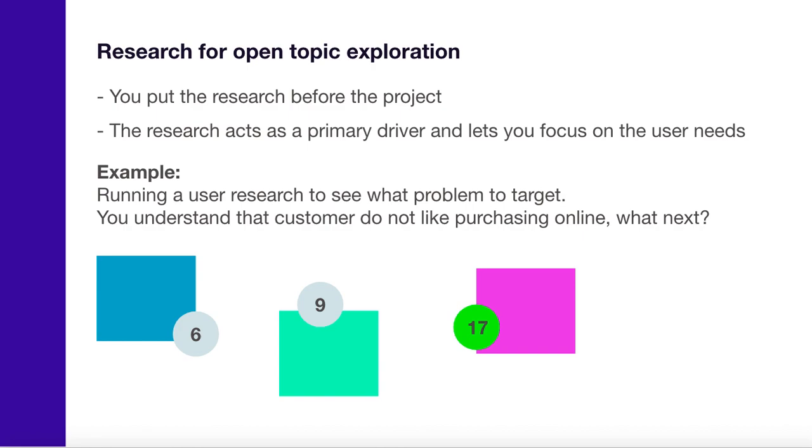For example, here you might get responses as to why people don't like purchasing online. Maybe one is that the user experience is not good. The second might be that people are just not interested in the products that your website is offering. Maybe the next reason could be people don't like the way the business delivers the products to them.